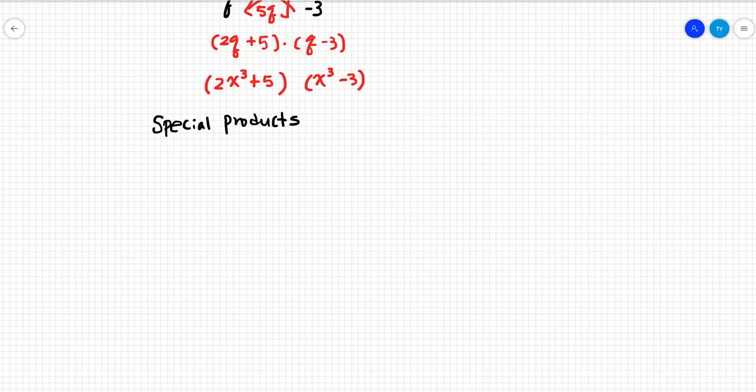Okay, so we have something called a perfect square. So the perfect square trinomials, for example, if I have x plus y squared, that's the same as x squared plus 2xy plus y squared.